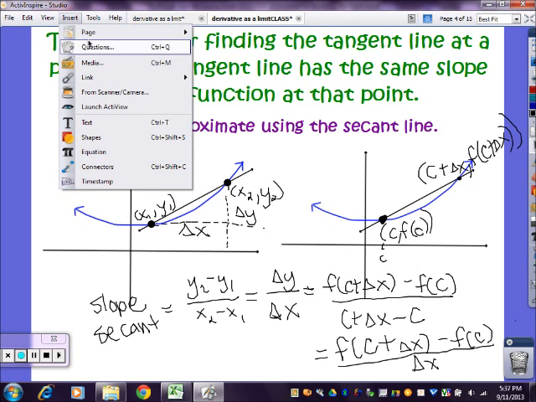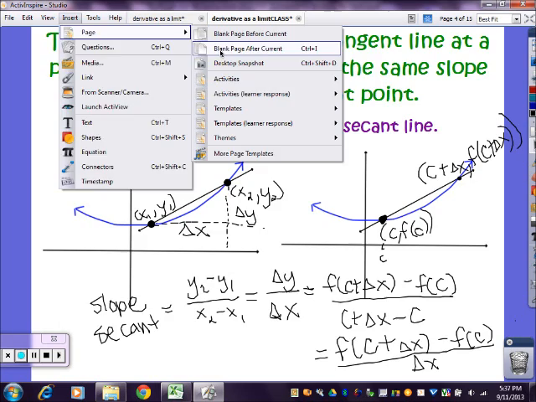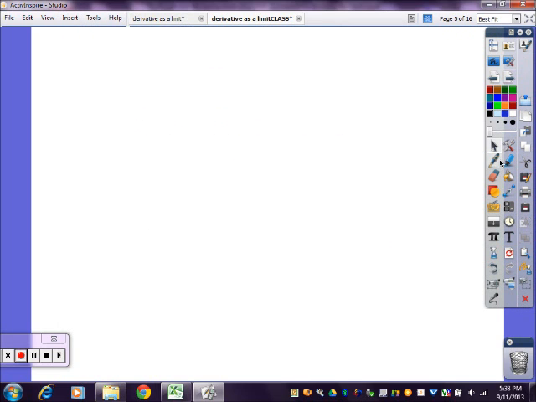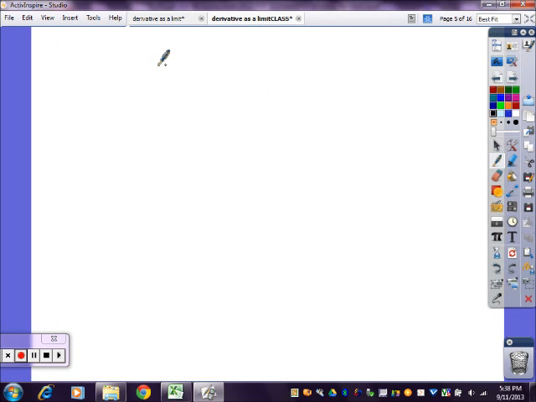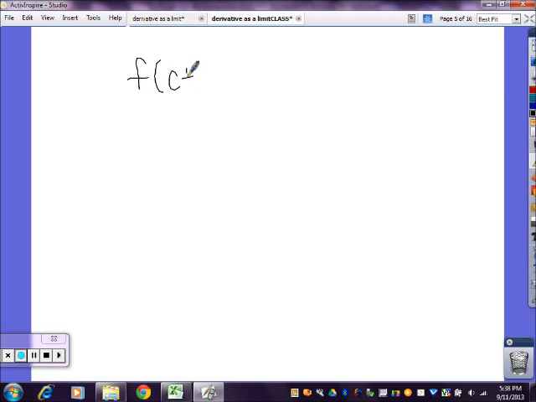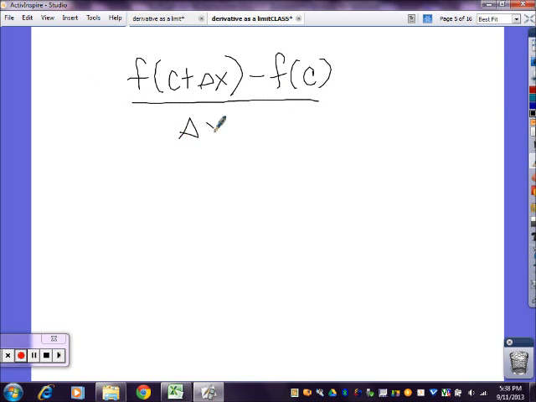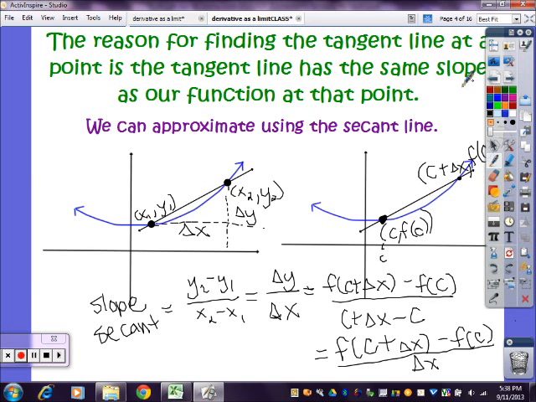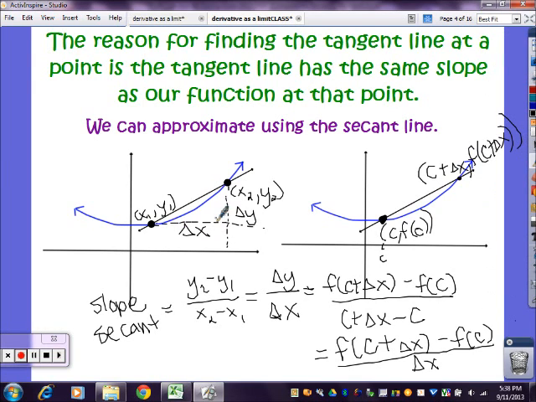So let's rewrite our slope formula for the secant line. We said f of c plus delta x minus f of c over delta x. This time, instead of saying this is the slope of the secant, let's make it the slope of the tangent. The only thing I have to do is make this horizontal distance approach 0.